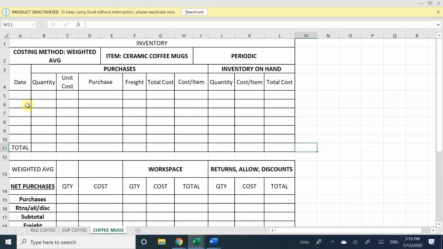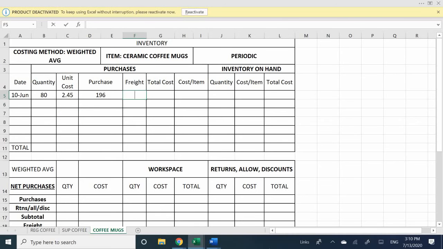So in this case, I'm going to go ahead and indicate that on the 10th of June, I made a purchase of 80 mugs, and it cost me $2.45 each, which should have given me a total of 196, right?